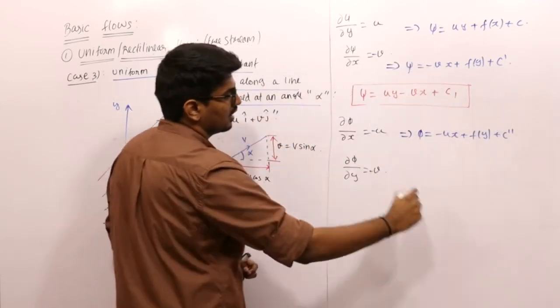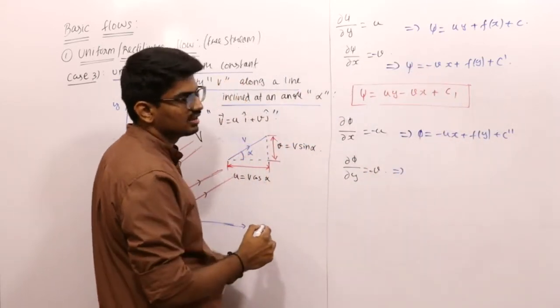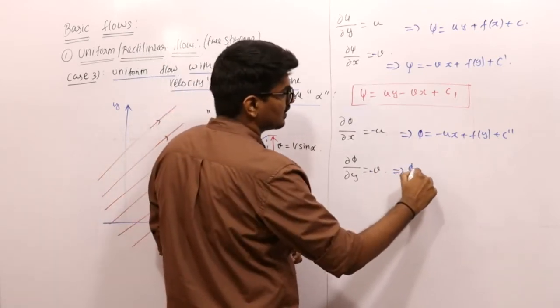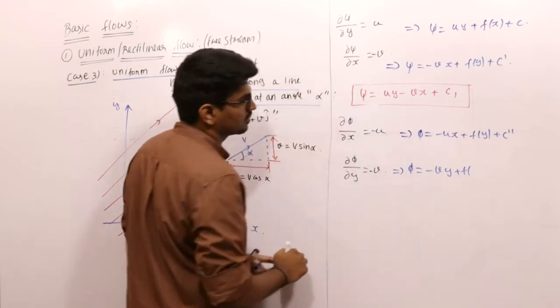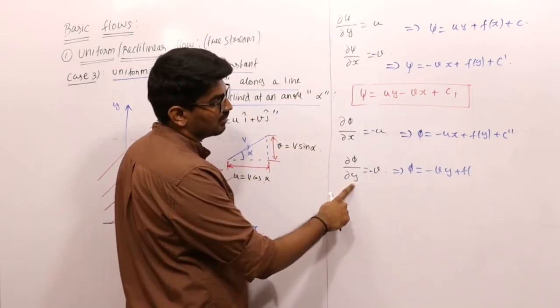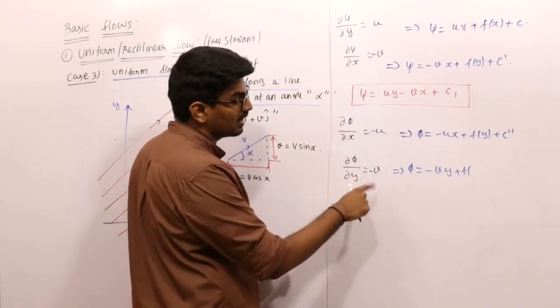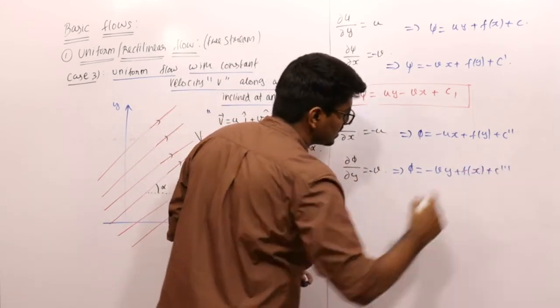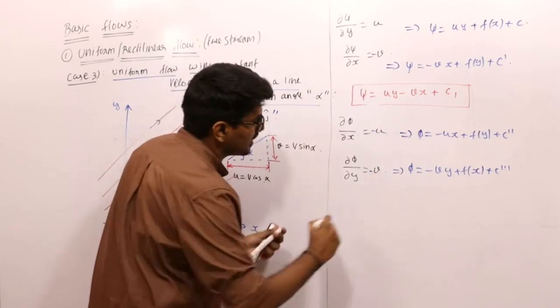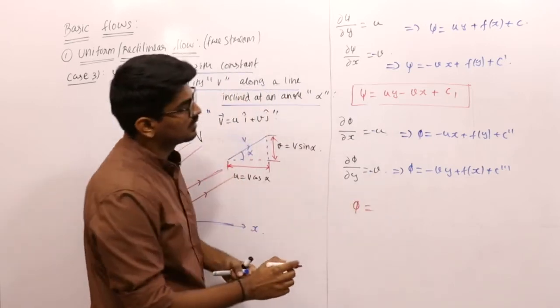And now this, if I integrate it, phi will be equal to minus v into y plus a function of what? Here I am integrating with y, so the function will be x plus c triple dash.